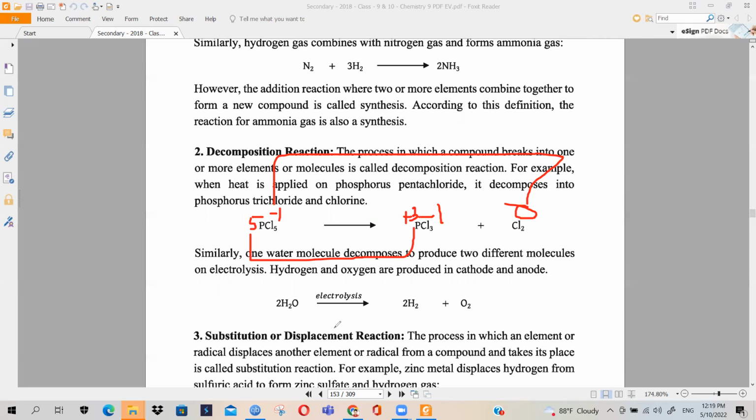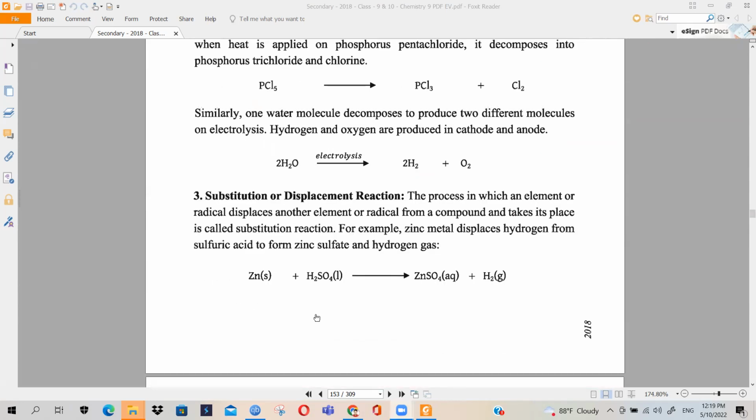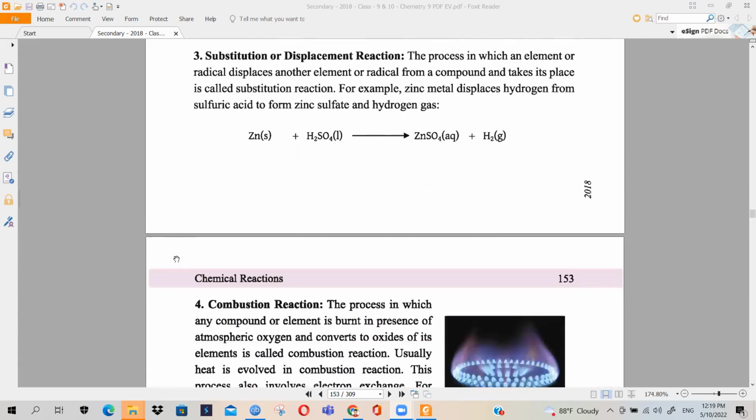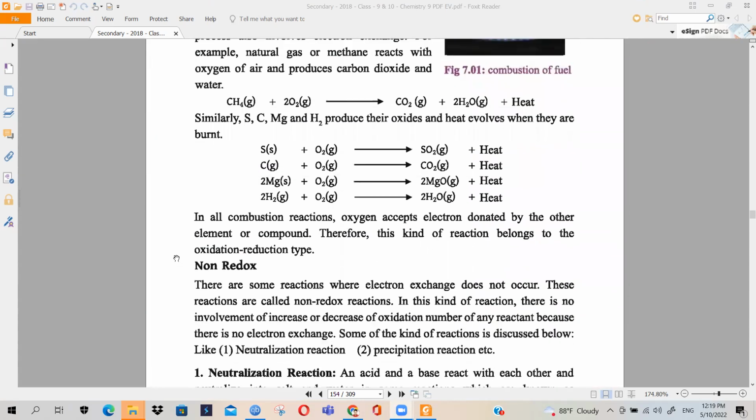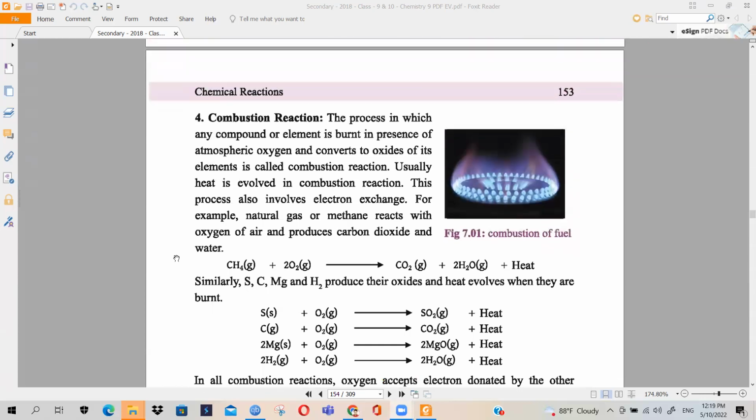2H2O to 2H2 plus O2. Got it. Then zinc plus H2SO4 gives zinc sulfate plus H2. Done? Okay, I think any of the combustion.